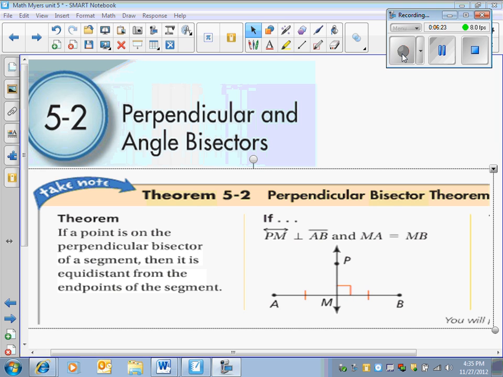All right, so we're going to roll right into 5.2. 5.2 is perpendicular and angle bisectors. I'm going to let you copy down some of the theorems, and we will definitely make more sense of them in class. But I want you to key in on important words like perpendicular bisector in red.